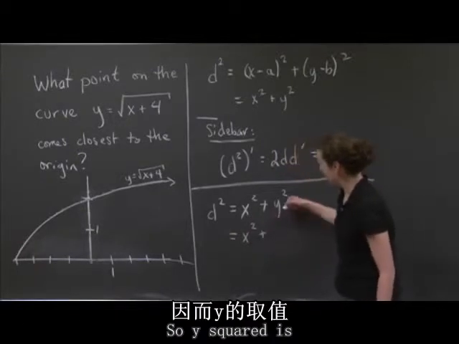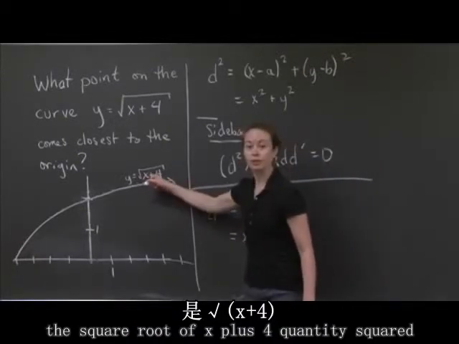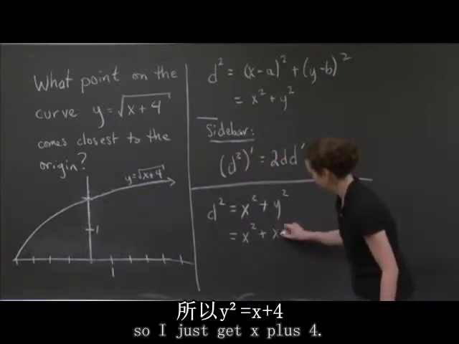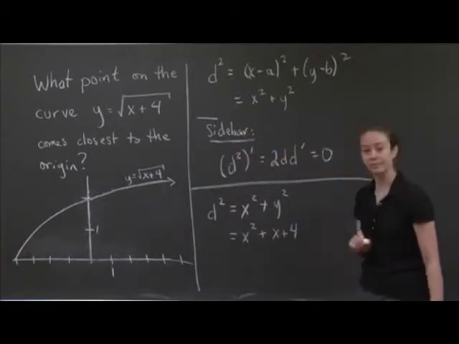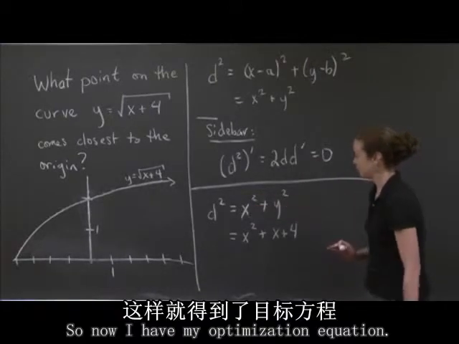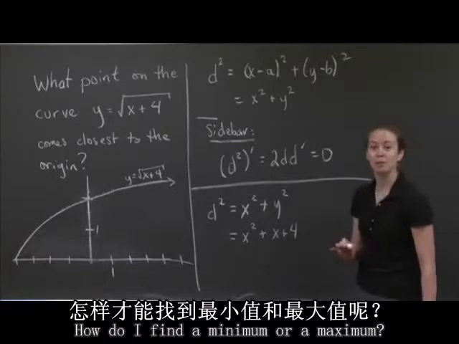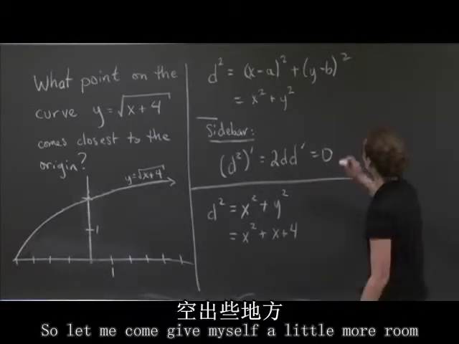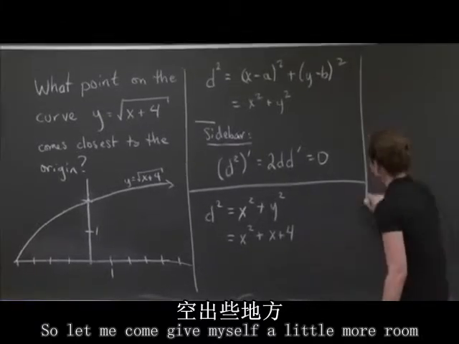So y squared is the square root of x plus 4, quantity squared, so I just get x plus 4. Now I have my optimization equation. How do I find a minimum or a maximum? I take the derivative and set it equal to 0.